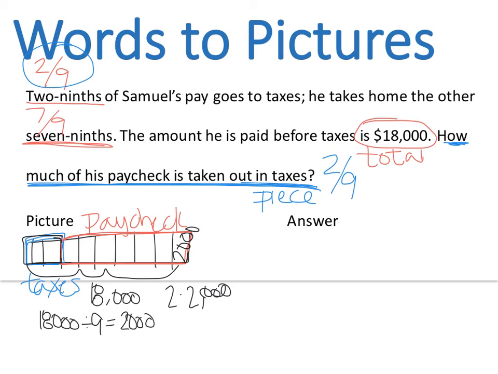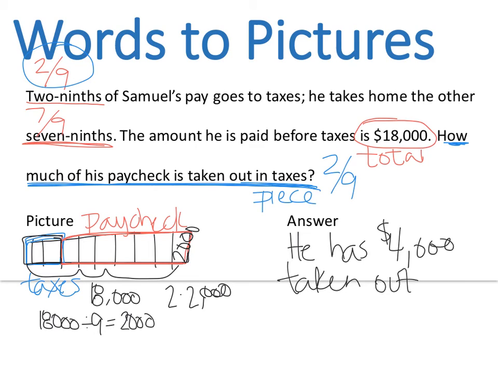So I know that he has $4,000 taken out in taxes. Hopefully you guys can read that. So that's the first example we're going to look at.